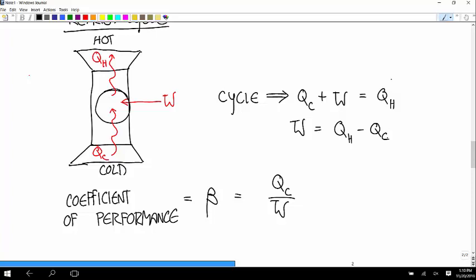And so you can rewrite this, substitute in for work, and you get QC over QH minus QC.